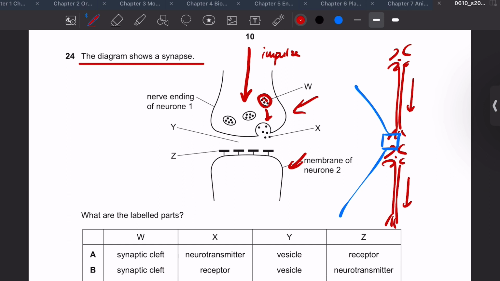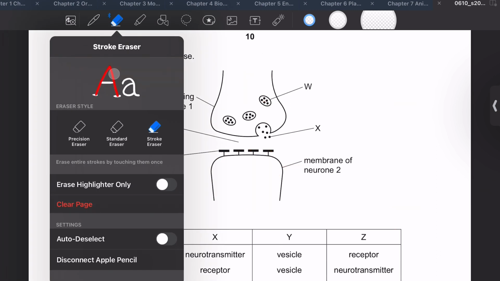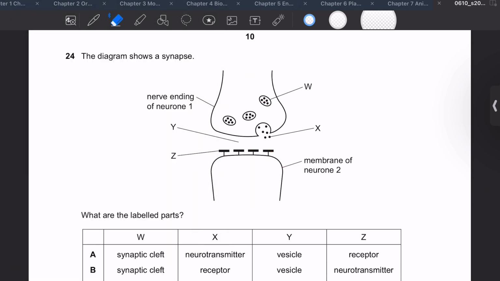So these neurotransmitters will bind to the receptors on the postsynapse, and that's going to cause another impulse to be made. Okay? So that's how the impulse is transmitted between the neurons. Okay? Cool. So the answer is C for this question.